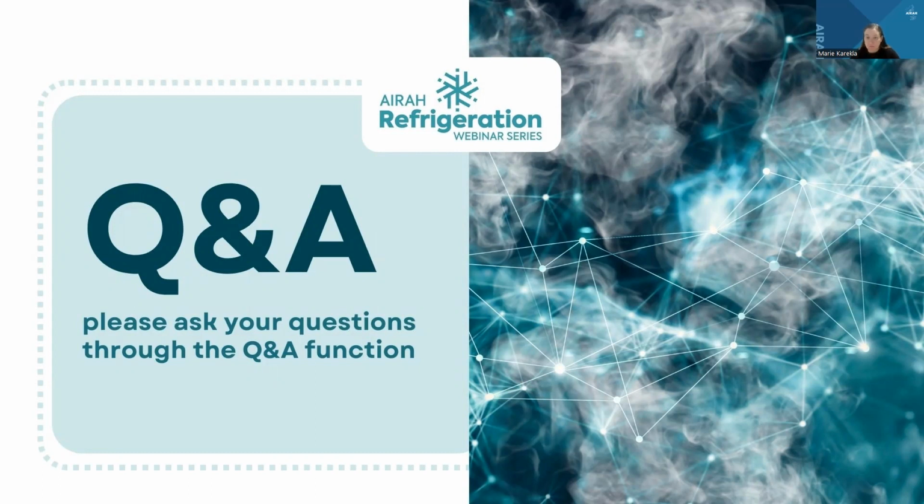Yes, you will save something. You will get better performance with more stable suction pressure, but how much you save will certainly depend on the system and the use, freezer, chiller, and all the variables.